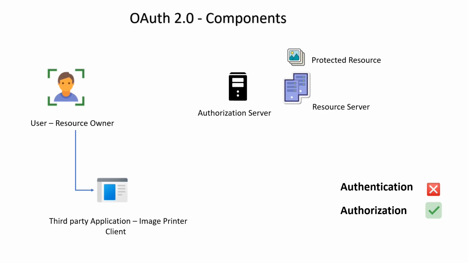Although I have seen a few applications using it as an authentication method as well, in general, whatever the spec says, it is only for the authorization system, right? So now let's understand the sequence diagram and how the sequence runs between these components, right?